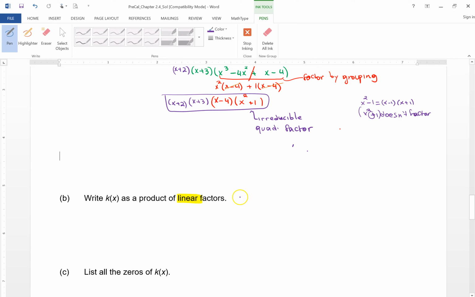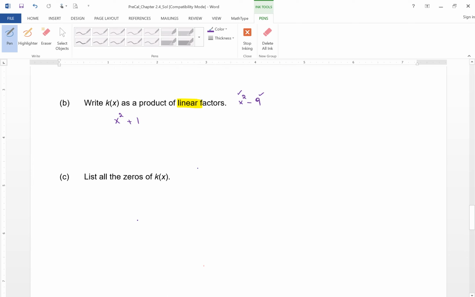So look, I could factor x squared minus 9 because this is a perfect square, this is a perfect square, and this is a minus in the middle, right? What I have here is x squared plus 1. The predicament is that there is a plus in the middle, okay?